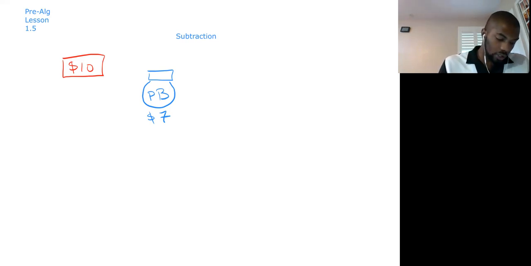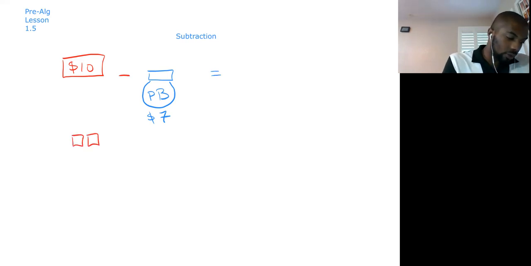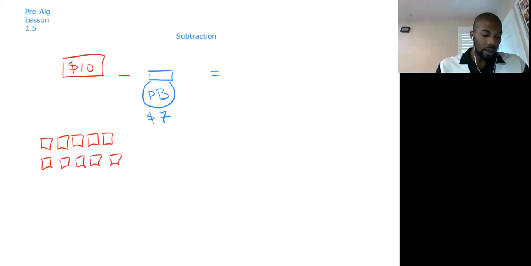Well, all you need to do is take the $10 and take away the $7. If I were writing this out, I would have 1, 2, 3, 4, 5, 6, 7, 8, 9, 10, and I would remove 7 of those dollars to give the cashier.